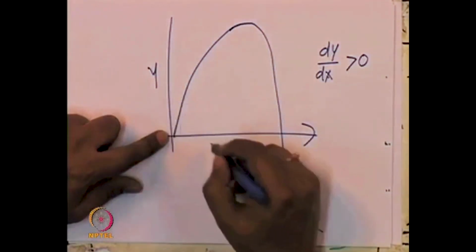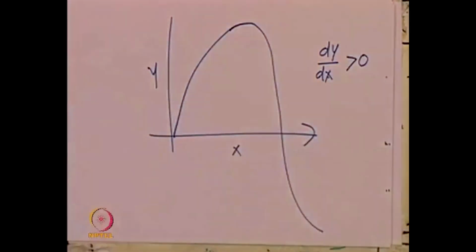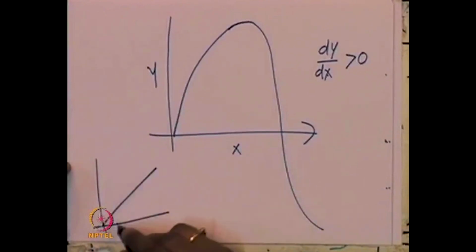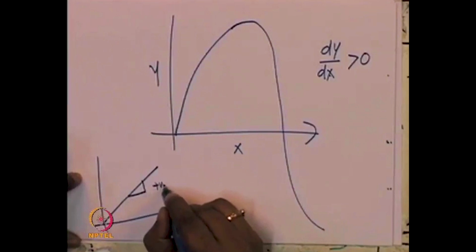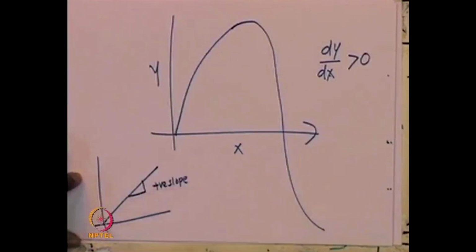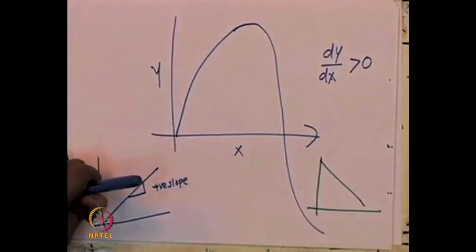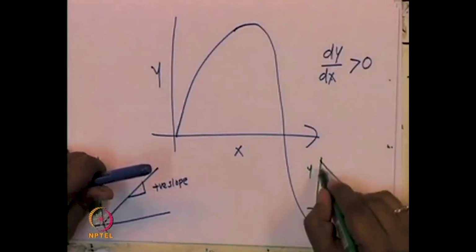Whenever x and y are increasing, the slope is positive. This is a rule even for a straight line, which looks like this, the slope is positive. You might have also seen that if the straight line looks like this, here this is x and this is y, as x increases, y is decreasing.